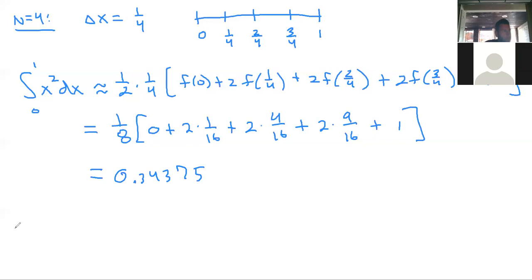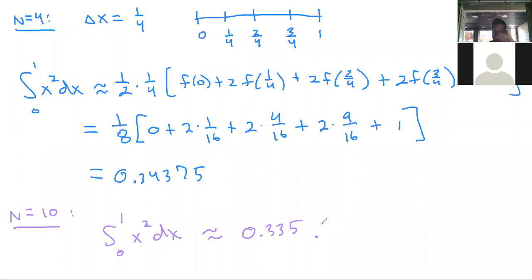So for n equals 10, you end up getting this. Hopefully you guys can do the computation and you'll get the same thing I get. You get 0.335.